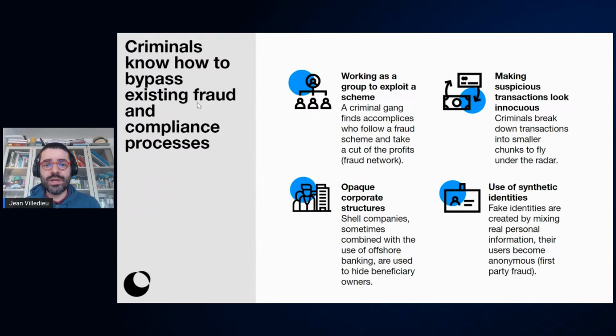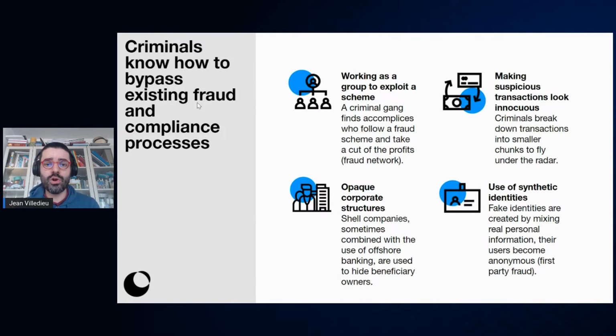First, today's criminals are smart and getting smarter, and they know how to bypass existing fraud and compliance processes, at least the smart ones. They have a bunch of tactics for that. Sometimes they work as a group to exploit a scheme that works. Sometimes they break down suspicious transactions in small chunks to fly under the radar.